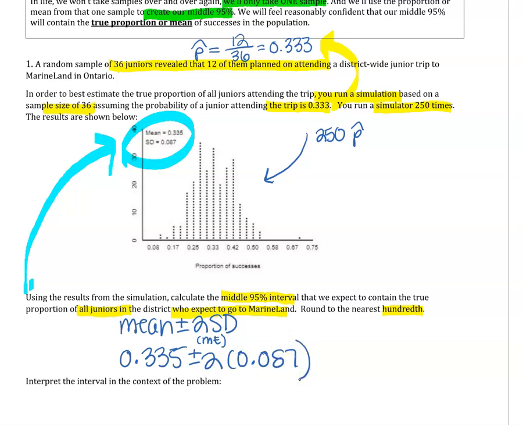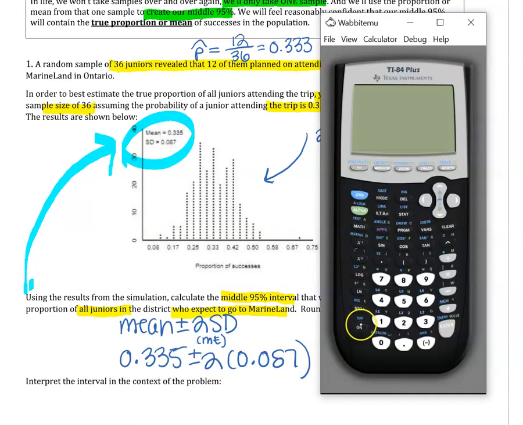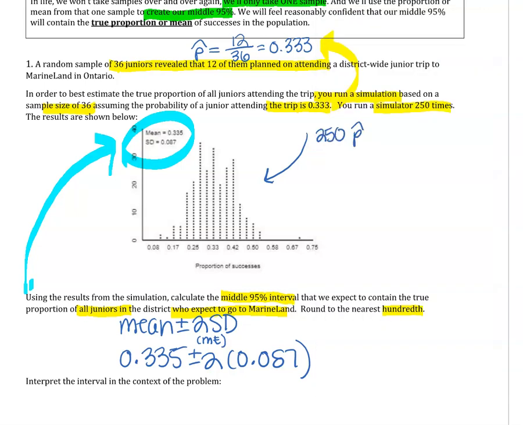And then I just go to my calculator. So if I pull this up, I'm going to plug in 0.335 minus 2 times 0.087. And then I just got to do the same thing again, but put a plus in there to figure out the upper bound. And I get 0.509. So to the nearest hundredth, 0.16 to 0.51.